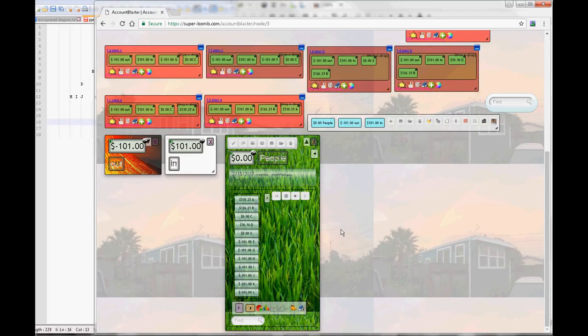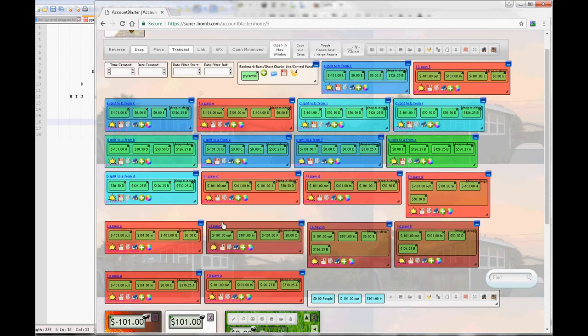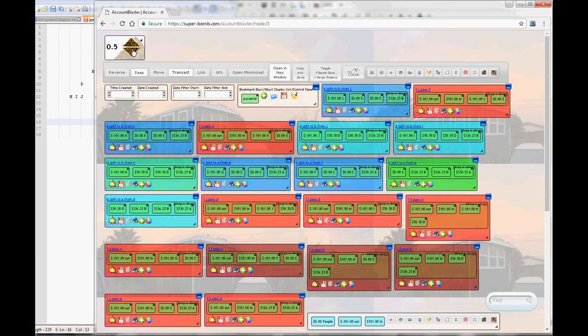Let's change the percentage now. This says how much they have to give. Let's say they have to give less. They get to keep more.